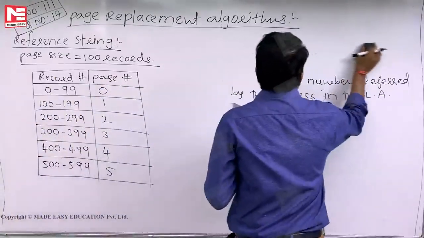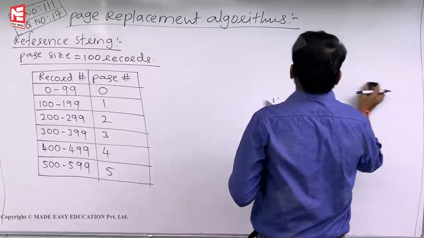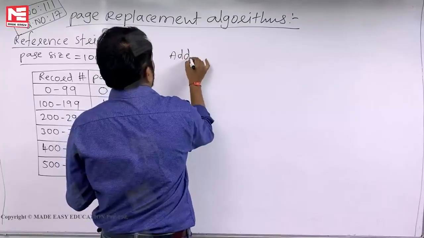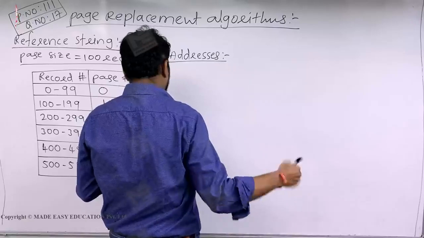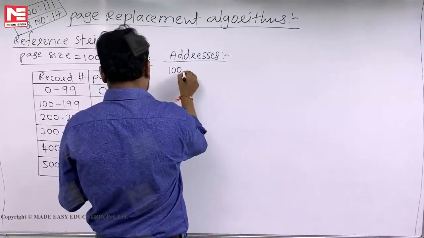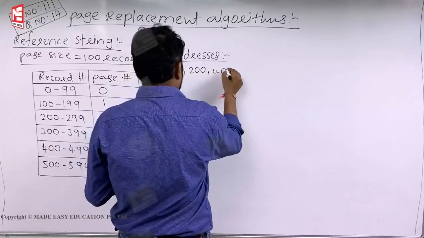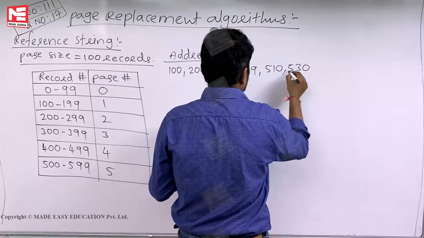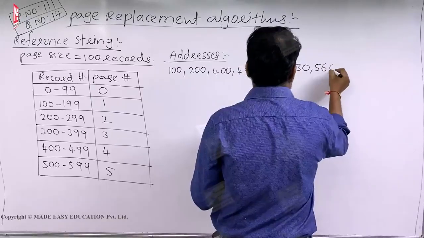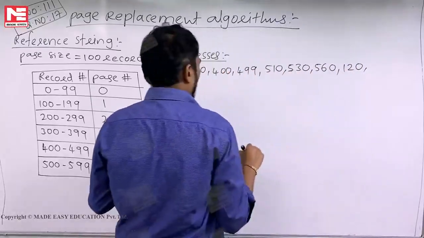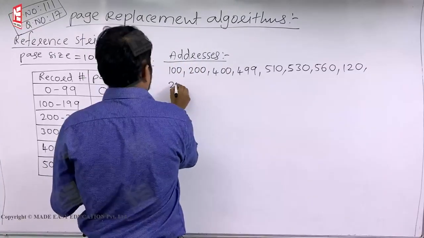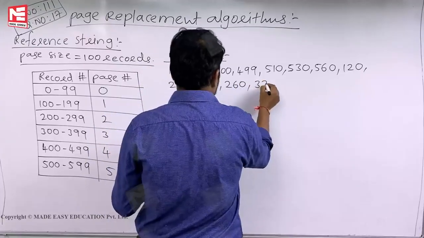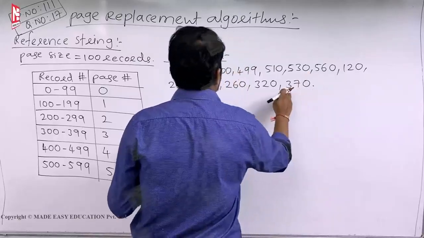Next, I am also writing the addresses. 100, 200, 400, 499, 510, 530, 560, 120, 220, 240, 260, 320 and 370.